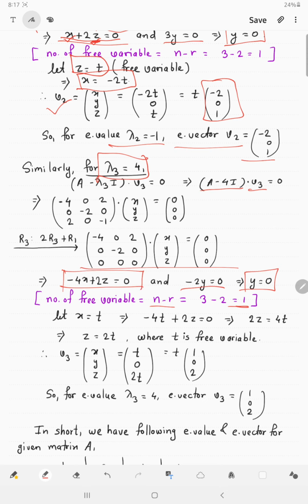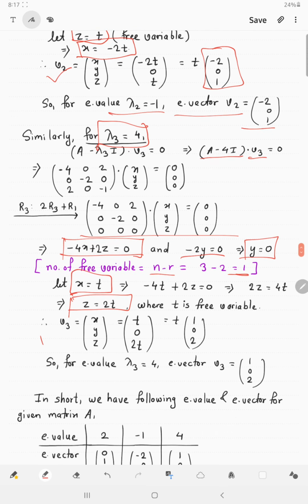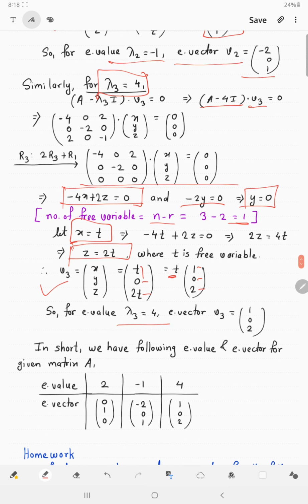If I look at this equation, minus 4x plus 2z equal to 0, obviously there is one equation and two unknowns, so I have to take x equal to t or z equal to t. You can take any value. By calculation I have z equal to 2t. So v3 is nothing but t 0 2t, so taking t common, 1 0 2. So for lambda 3 equal to 4, eigenvector v3 equal to 1 0 2.